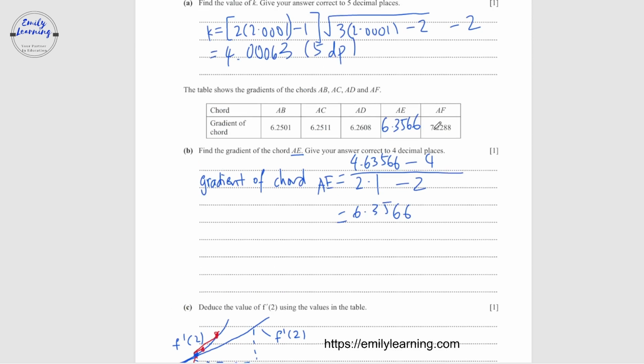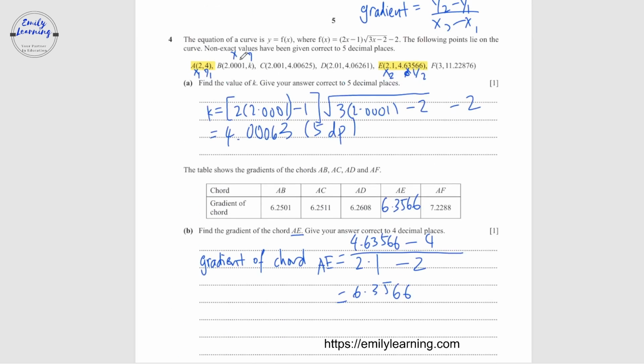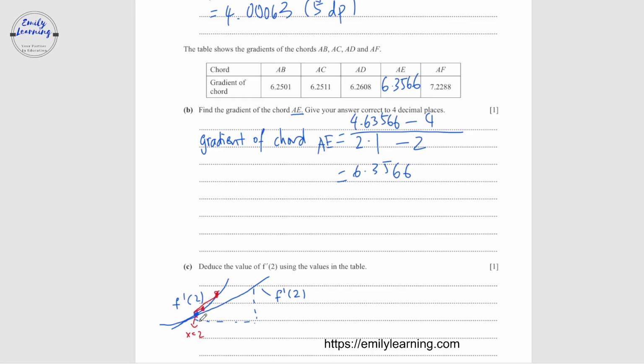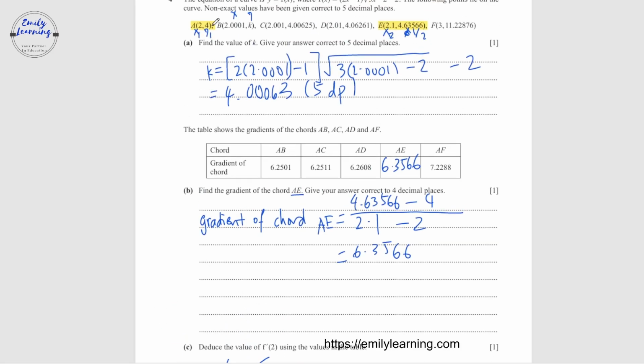So in other words, if you look at point A, point B, point C, point D, and so on, point B is the closest to A. So if I want to estimate the gradient of this tangent at x equals 2, the best is to use point B to estimate it because it is the closest to A compared to the other points.